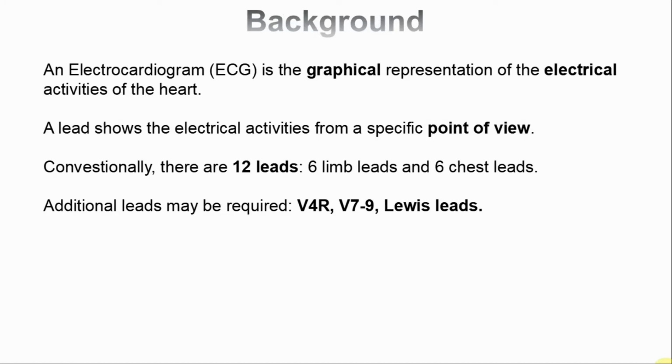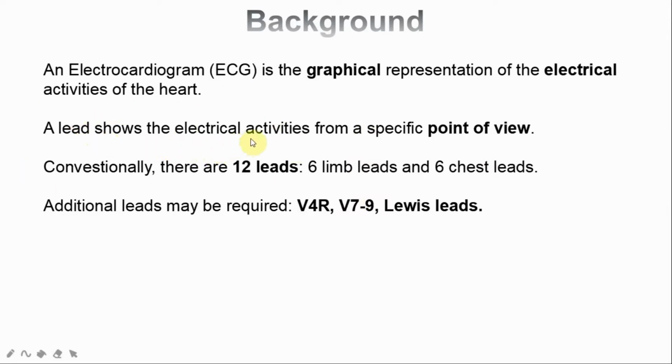When there is some electrical activity in the heart, we can pick it up by putting some electrodes on the surface of the body, and the computer can analyze this and give us a picture, and that picture is the ECG. Now what the lead tells us: the lead is the point of view.